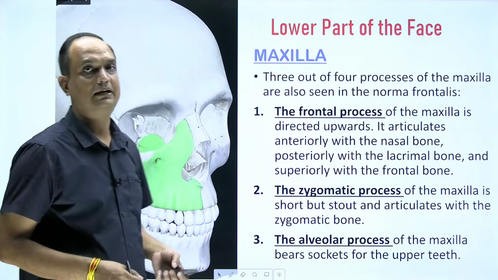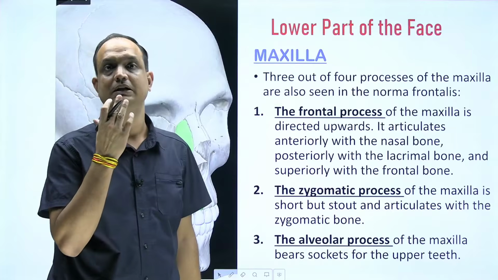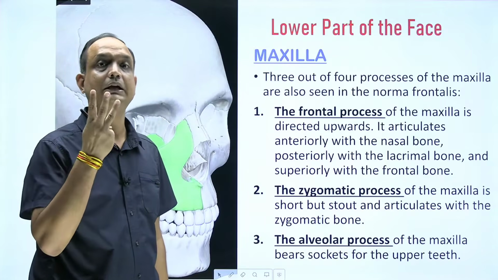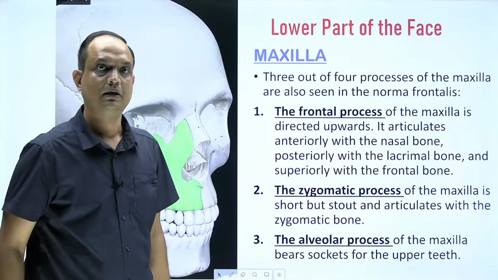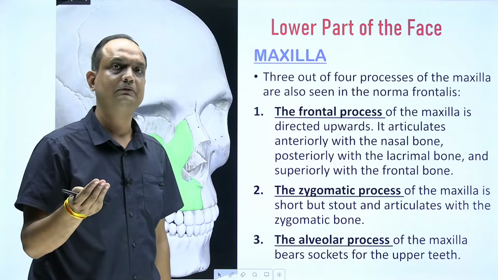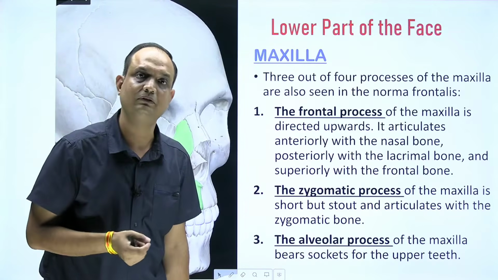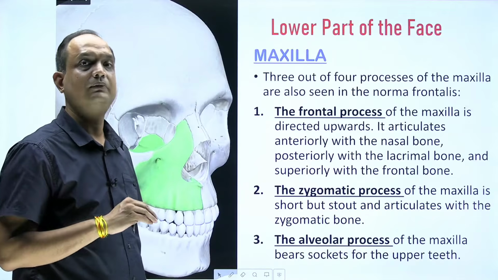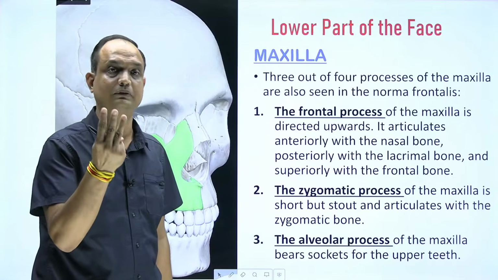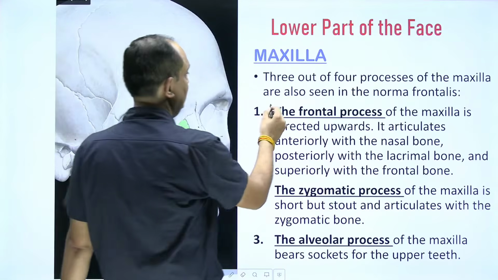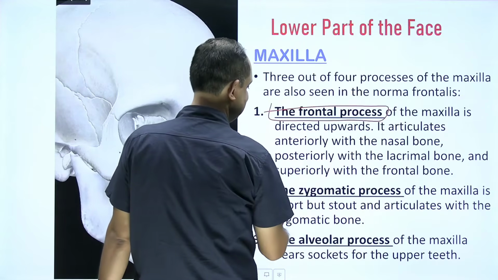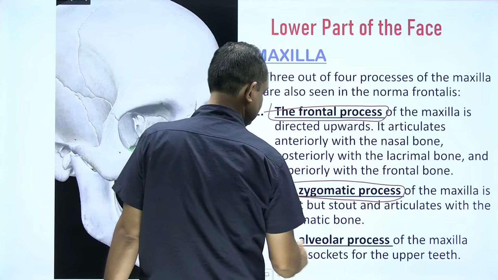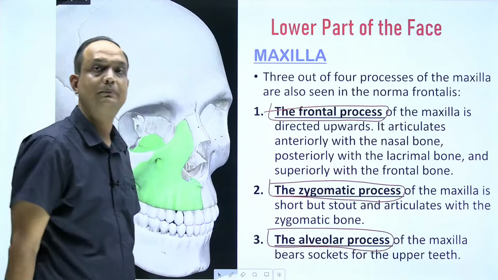Now apart from that, when you read the Norma Frontalis, you are able to see 3 processes of the maxilla. There are more than 3 processes. We are not able to see all the processes in Norma Frontalis. In Norma Frontalis, you are able to appreciate 3 processes of the maxilla. What are the names? Frontal process, zygomatic process, and the alveolar process of the maxilla.